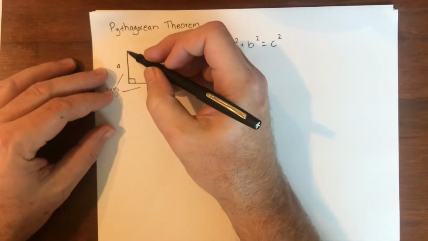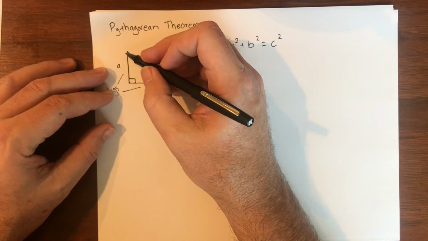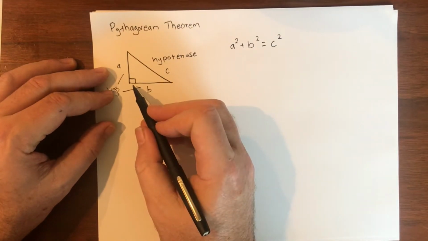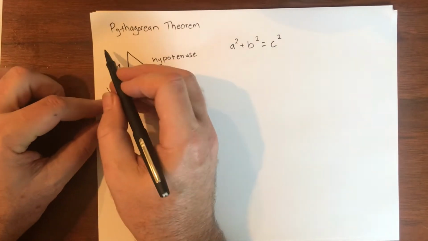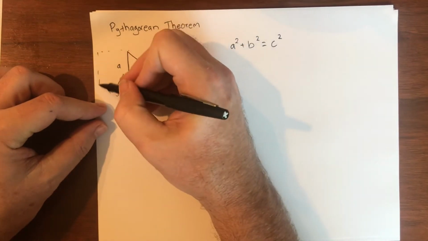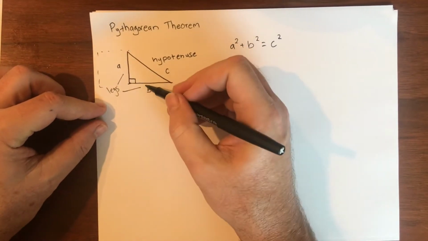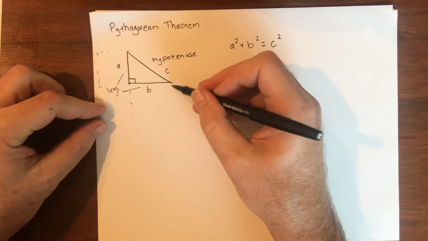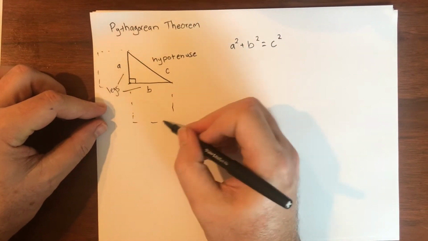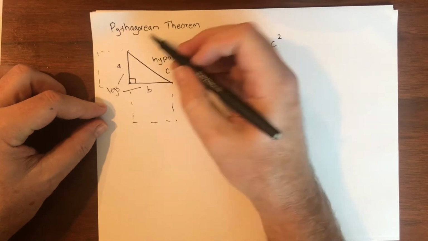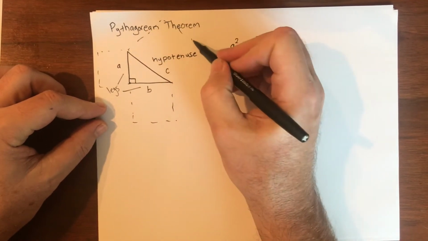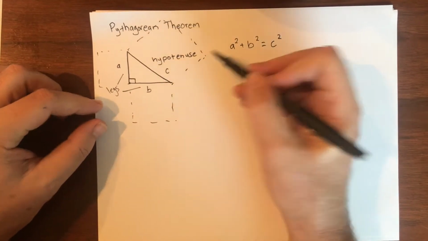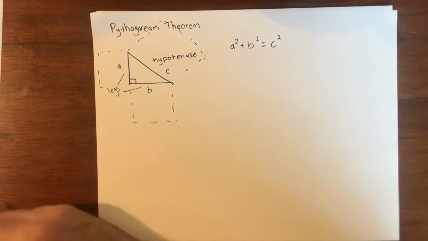So if you take the length of a and square it, make it a square, and then you add to it the square of b, their value will equal the square of c.